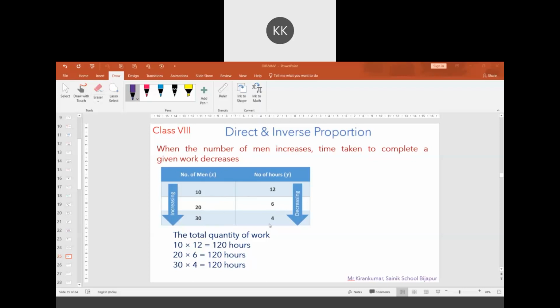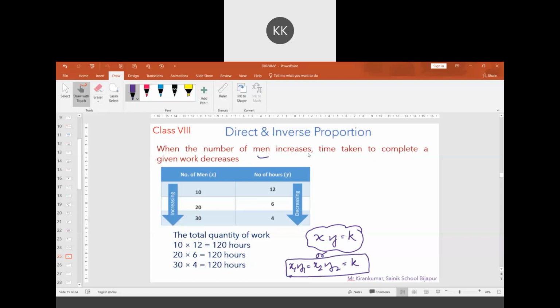For 30 men, it is 4 hours. If you find their product, 10 times 12 is 120, 20 times 6 is 120, 30 times 4 is 120. So the product of x and y is constant. You have to remember this. Or I can write it as x1 y1 is equal to x2 y2. This is constant. This should be remembered.